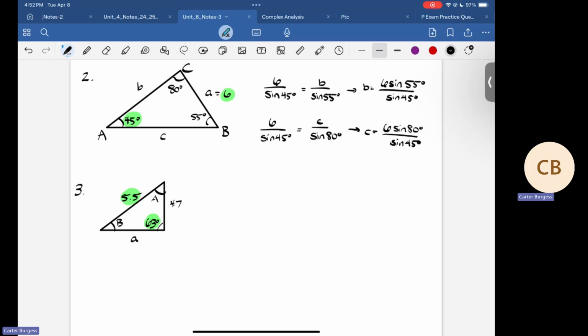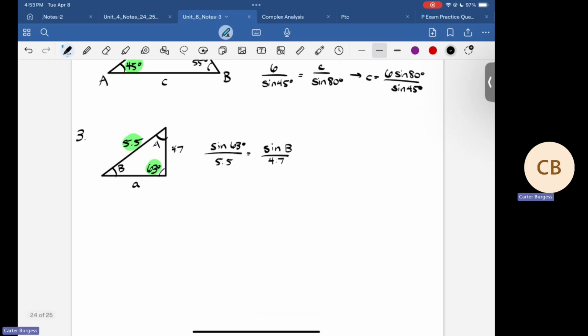In this case, because most of the information that we're missing is angle information, we are going to need to find the angles first. And as such, I'm going to set it up slightly differently than how we did up here. In this case, this is going to be that sine of 63 degrees over 5.5 is equal to sine of B over 4.7, which just makes solving for B a lot easier.